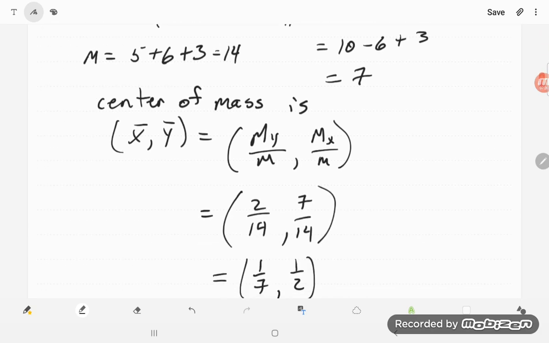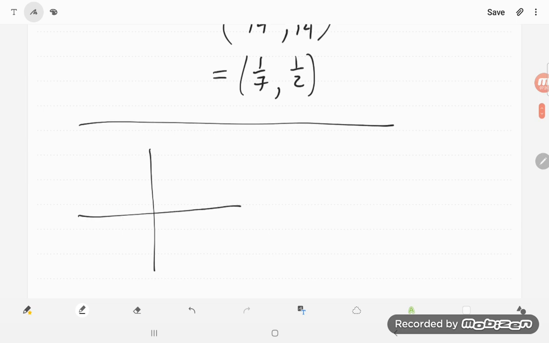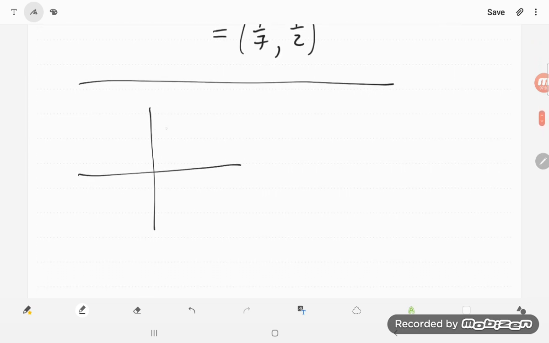We could do something like that by taking this and asking, how will I be sure that I should get a positive x bar, say? Well, most of the mass should be on the right side of the y-axis.